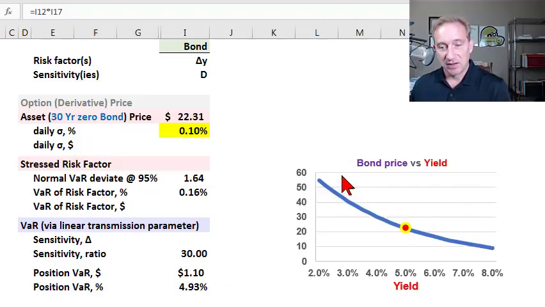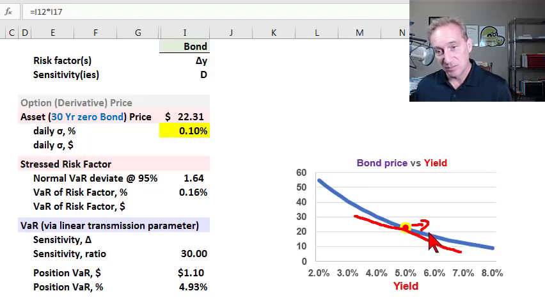And now we can start to understand why Linda Allen would call this the normal linear VaR, because this is a linear approximation. Here in the bond versus yield plot, we hold the bond at a price of 22.31, and there is a tangent line here. If we think back about calculus, my lines should be straight. That's the tangent, and its measure is actually the dollar duration. What we're saying here is, what's the worst expected change, shock, adverse change to the yield?